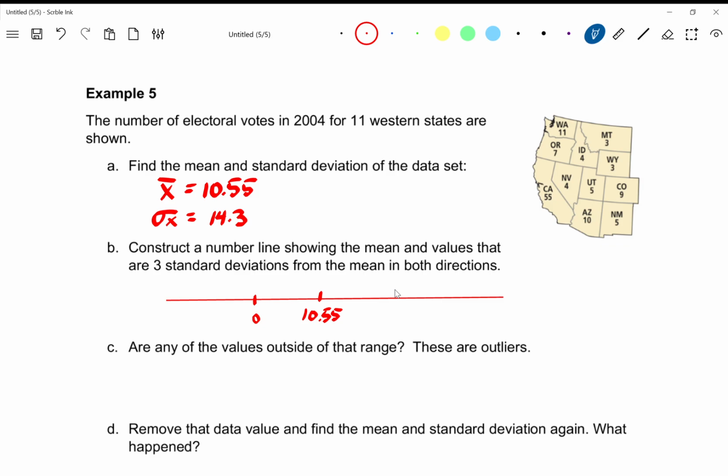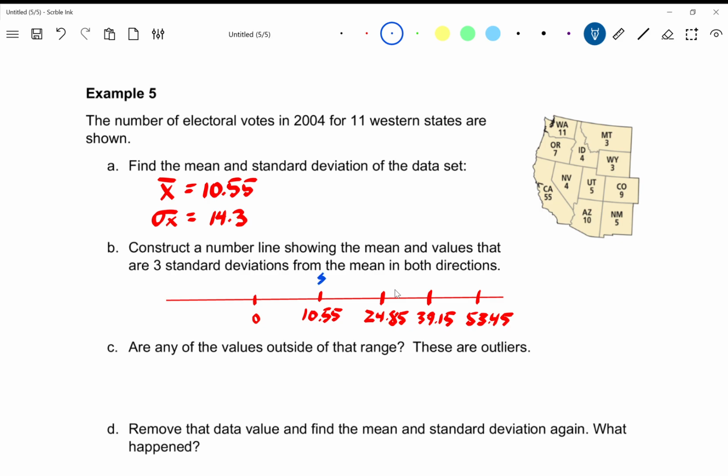So if I go to the right, 1 standard deviation to the right would mean I'm going to add 14.3, and that would give me 24.85. Then I'm going to add another standard deviation, adding 14.3 again, so I'd get 39.15. Then I add 14.3 again, and I get 53.45. Now this is 3 standard deviations away.